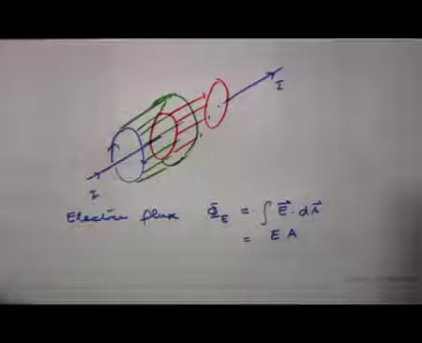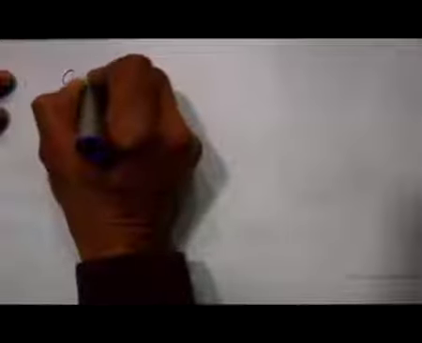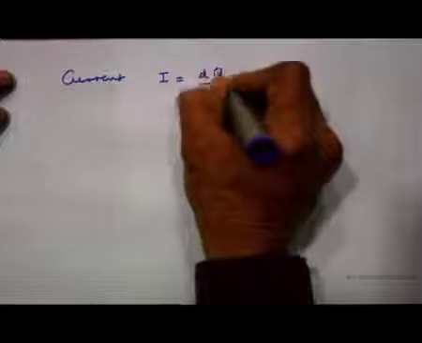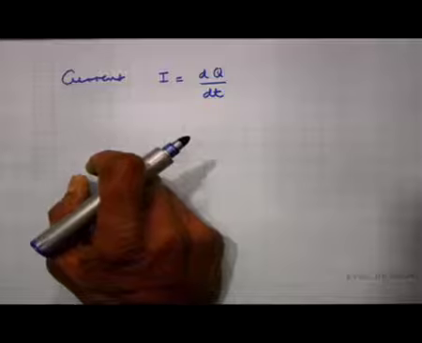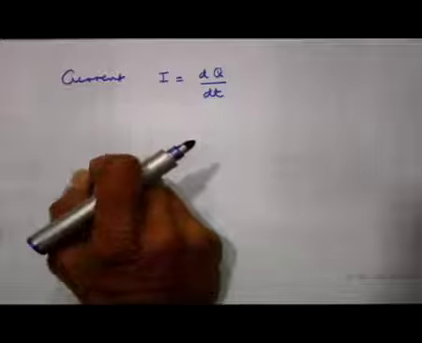Now, what is the current that is passing through the wire? I is equal to dq by dt.